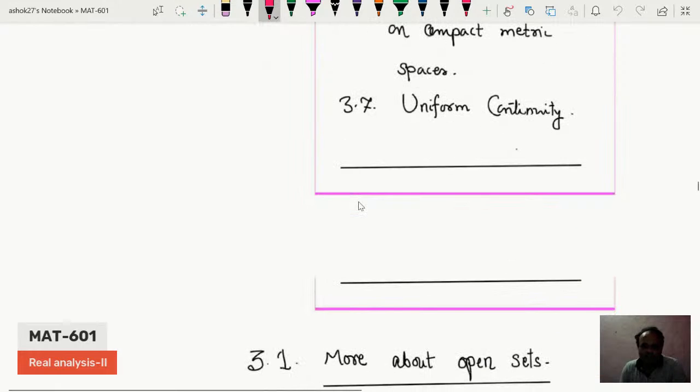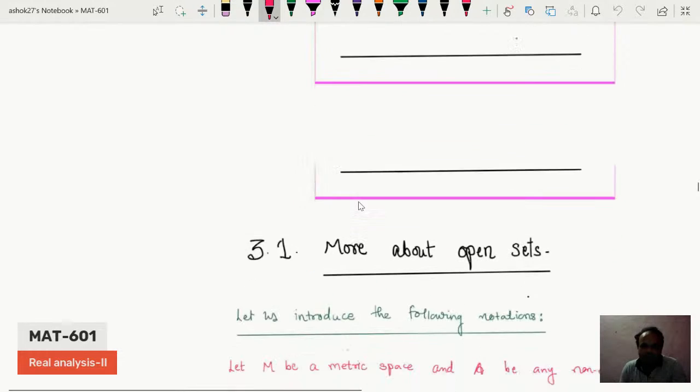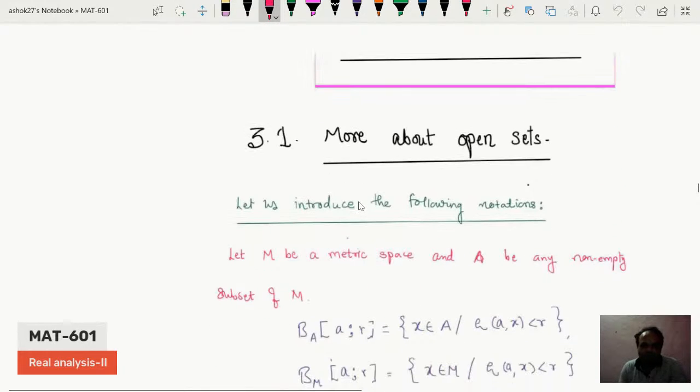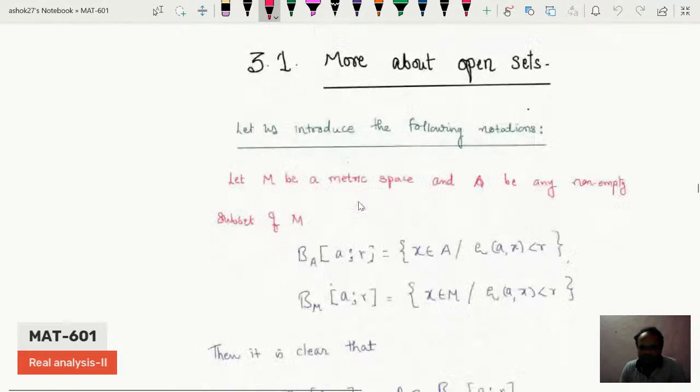So let us continue. The first topic is more about open sets, that is 3.1. Let us introduce the following notations first, and then we will see some results on this.